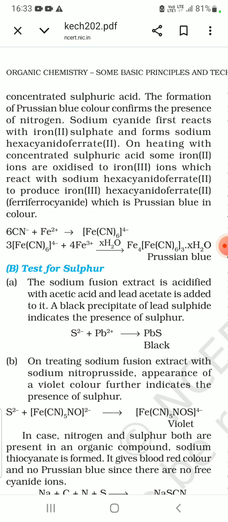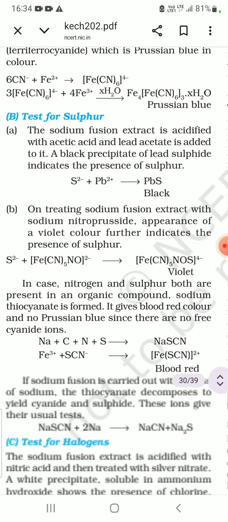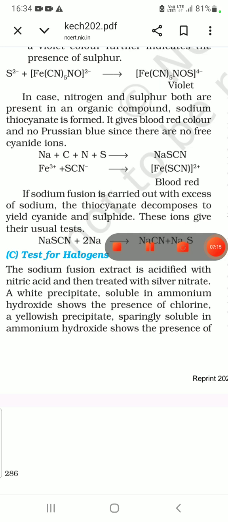Fe3+ plus SCN- forms [FeSCN]2+, which is the blood red color. If sodium fusion is carried out with excess sodium, the thiocyanate is decomposed to sulfide and cyanide, and the ions give their usual tests. NaCN is formed and Na2S is formed.